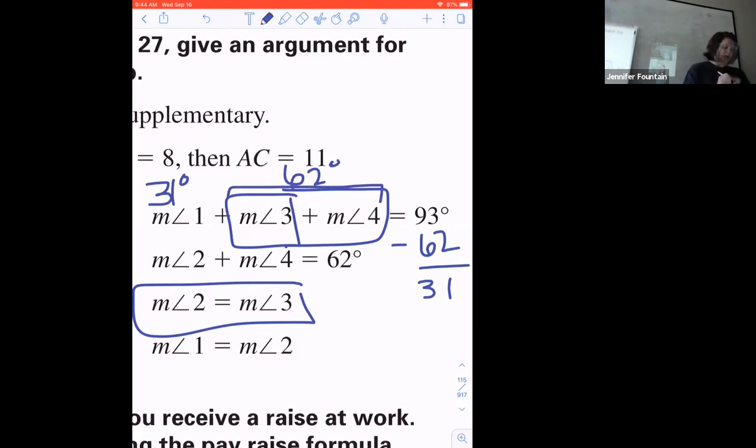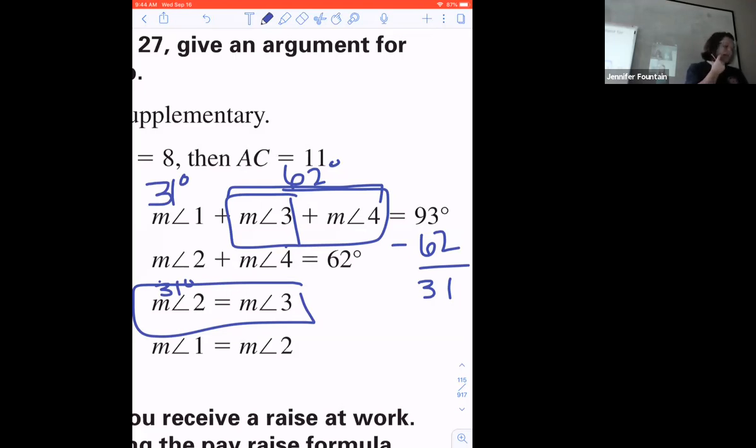So if 1 is 31 degrees, then what is angle 2? 31 degrees. The way I did, I just divided the 3 measures by 93. But they're not all the same.